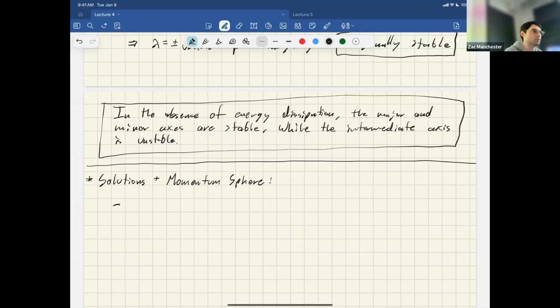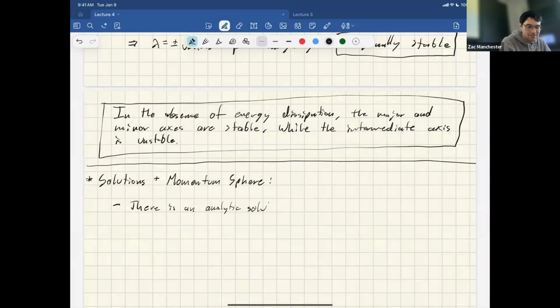And it's actually not that useful in practice. It's ugly. I feel like you should know about this. There is an analytic solution, and now you know, if it ever comes up, you can go look it up. But it's ugly and not that useful in my opinion.